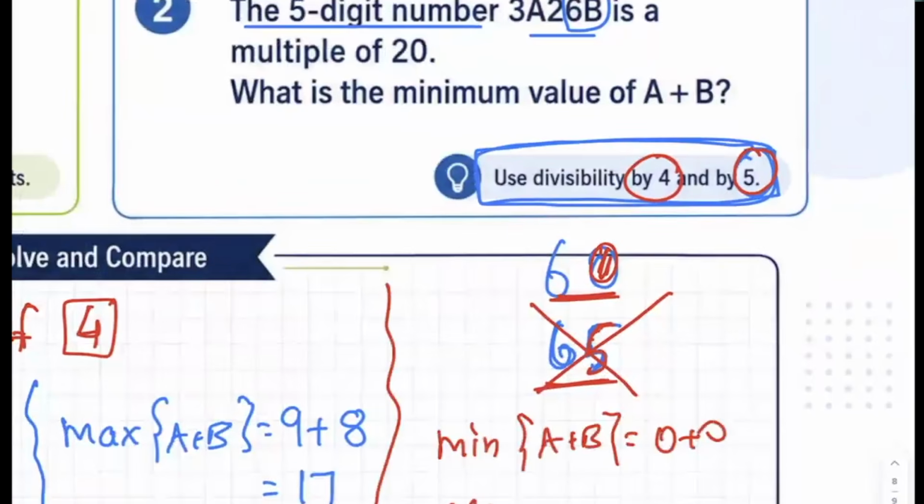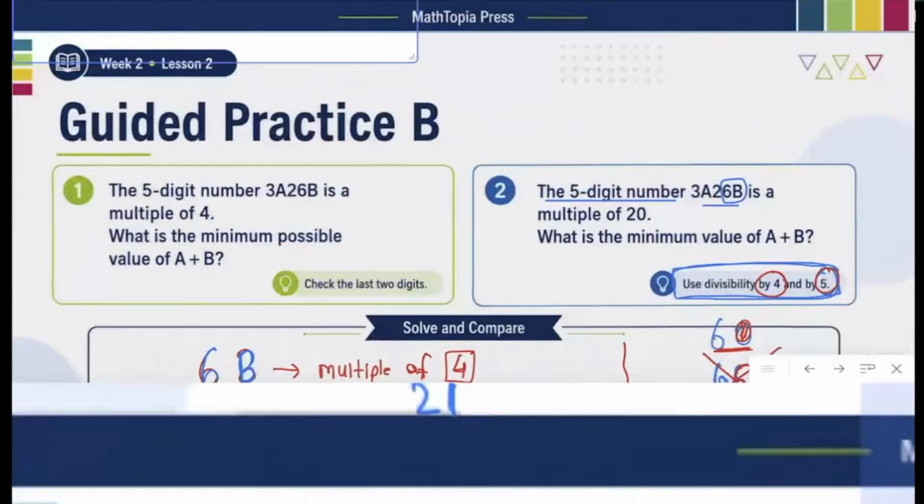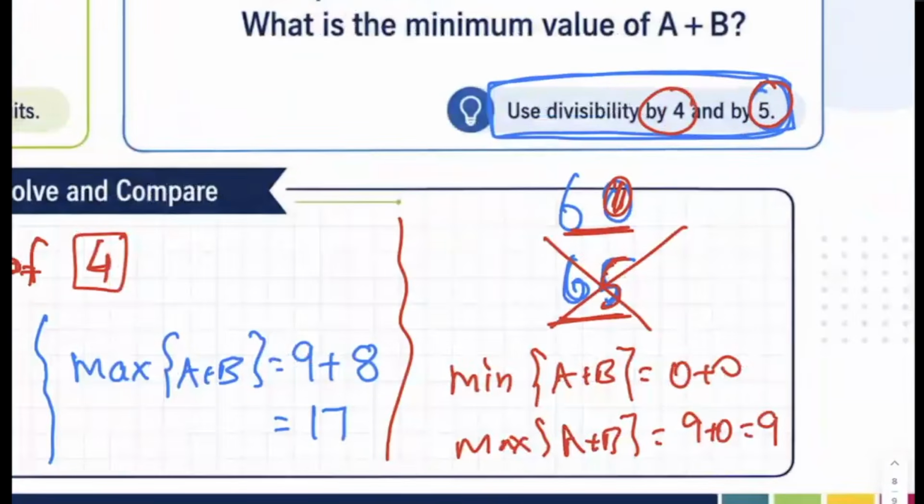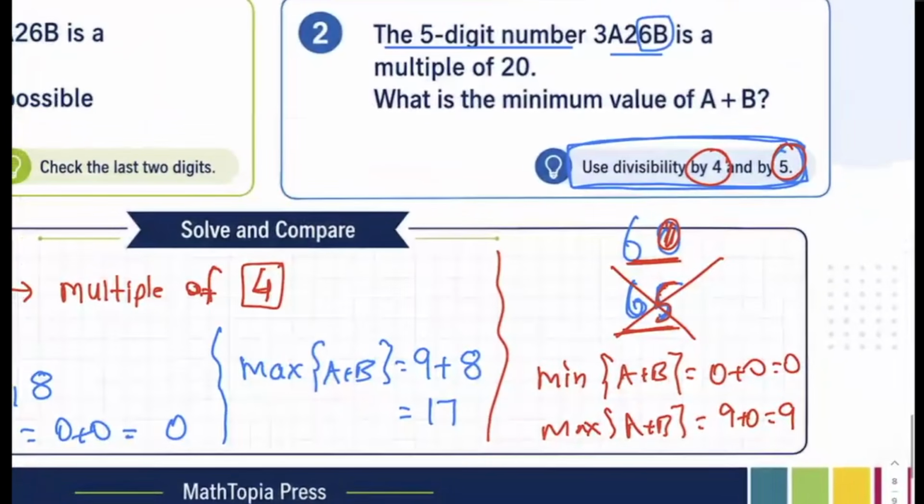Yes. What about the maximum? A could be 9, and the B maximum could be 5. But if it is 5, is it divisible by 4? No. So we have to keep the last number 0, right? Yes. The minimum sum is 0, and the maximum is 9.